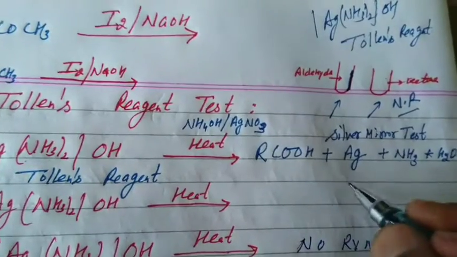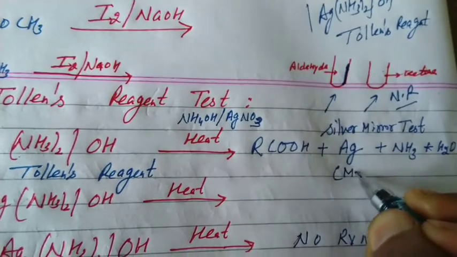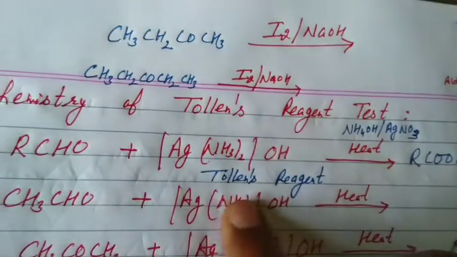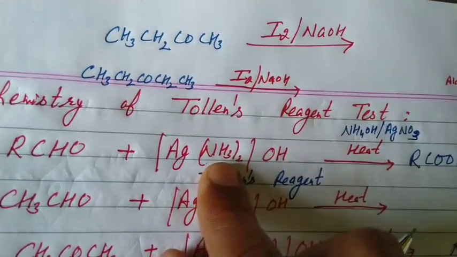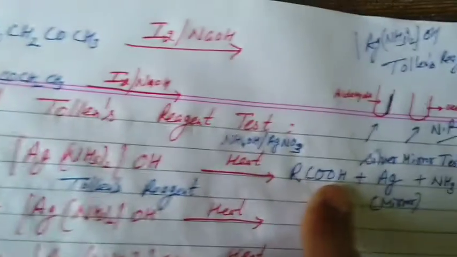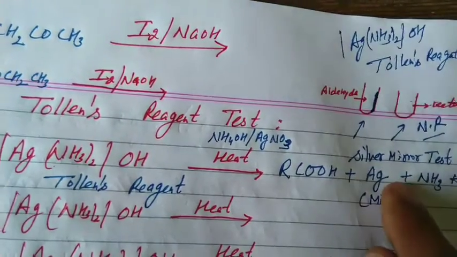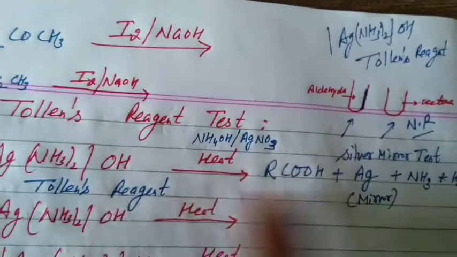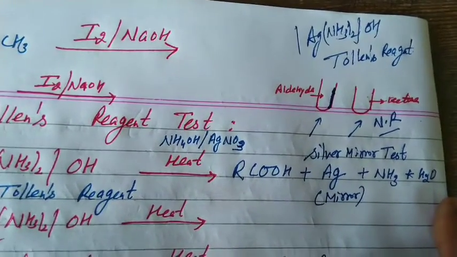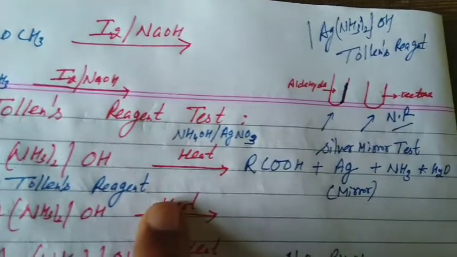Due to metallic silver, the shining surface is obtained, we call it the silver mirror test. That's the chemistry of the Tollens reagent test. A weak oxidizing agent oxidizes aldehyde to acid and itself is reduced. Silver ion will reduce to metallic silver, ammonia separates, plus oxygen will reduce to give water. If we have to balance, we can easily balance.